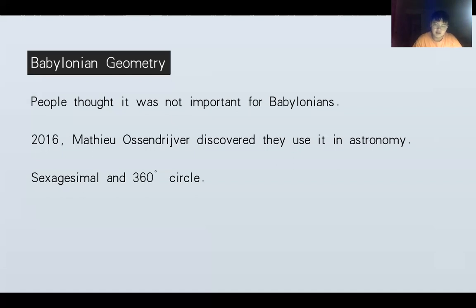That is totally out of people's expectations, because people used to think that the ancient Babylonians did not use geometry really well.